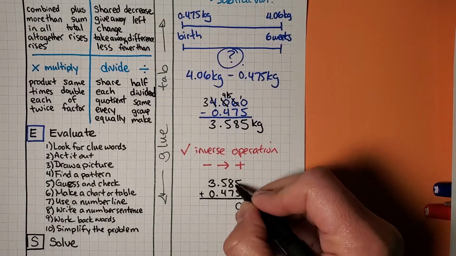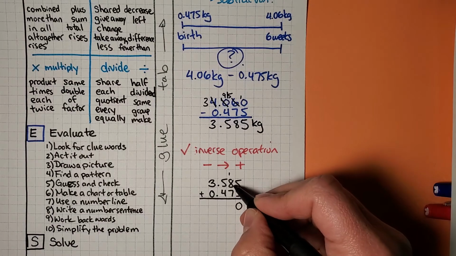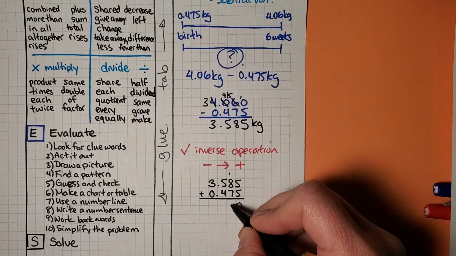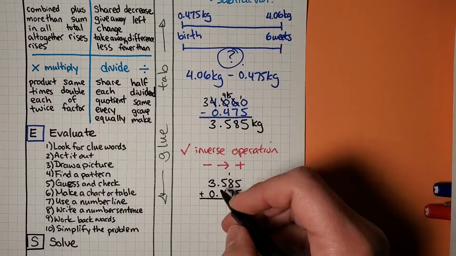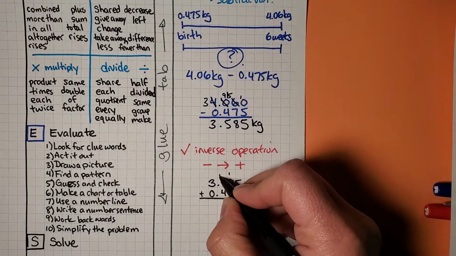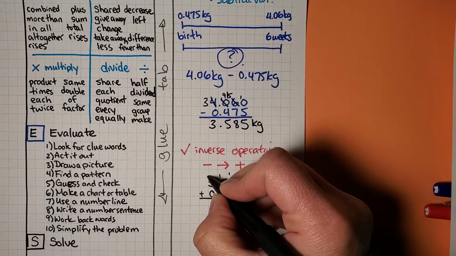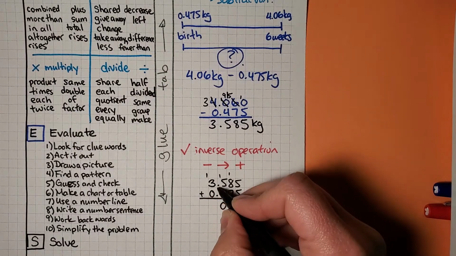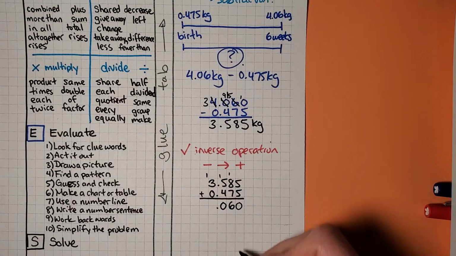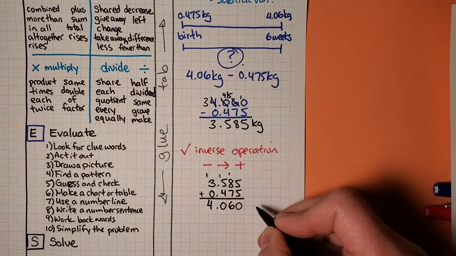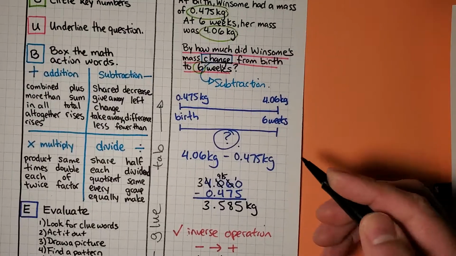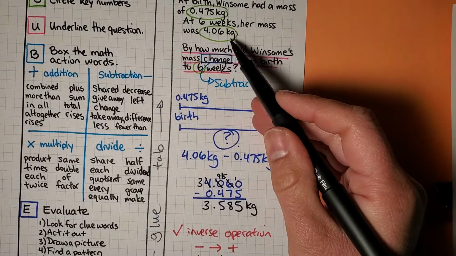5 plus 5, that's 10. Carry the 1. 1 plus 8 plus 7, that's 16. 6, carry the 1. 1 plus 5 plus 4, that's 10. The 0, carry the 1. Line up the decimals. 1 plus 3, that's 4. Let's just double check: 4.06 kilograms.